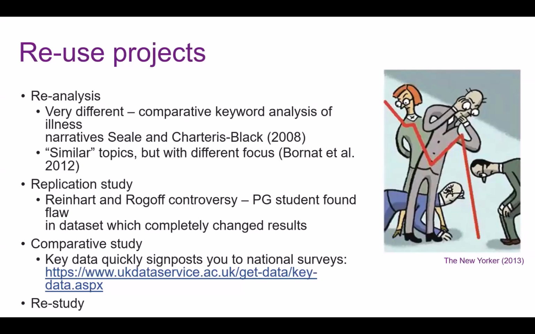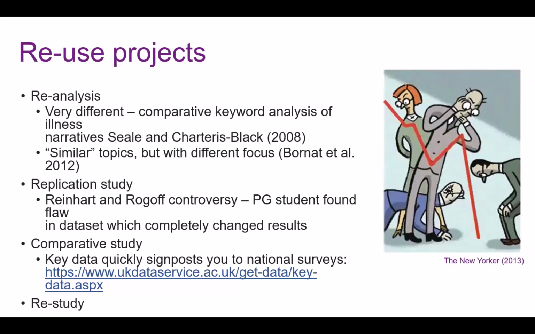Now, the original illness narratives had been looked at exclusively for health research. The interviews were meant to explore how diagnoses are made. When Seale and Charteris-Black came along to do the comparative keyword analysis, they were much more interested in the analysis of the discussions between patients and doctors rather than the actual health issues that came up in the interviews. So the question can be very different in that kind of way.